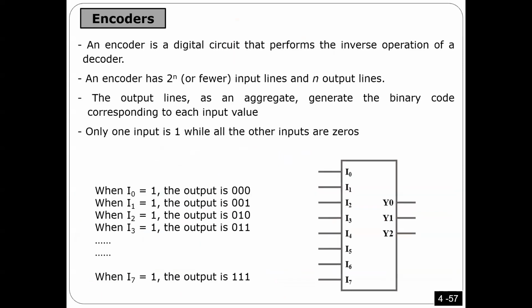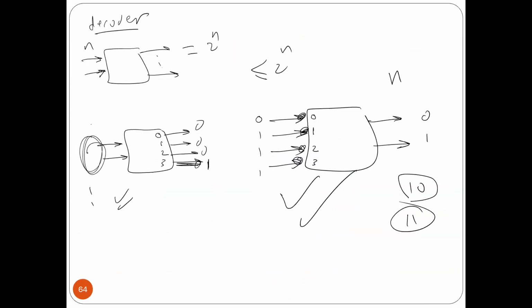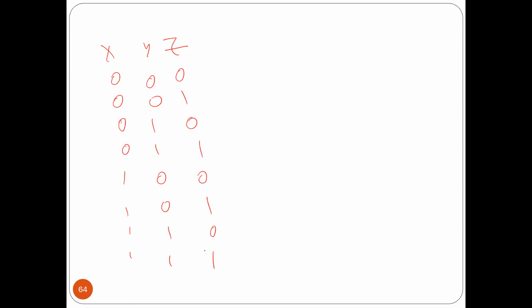What we did before, if you have, for example, X, Y, Z, and then you have here 4 zeros, 4 ones, 0, 0, 1, 1, 0, 0, 1, 1, 0, 1, 0, 1, 0, 1, and then you need to find the minterm here, here, and here. So what I'm saying is that this one can be 1 here, also it can be 1 here, or this one can be 1 here.